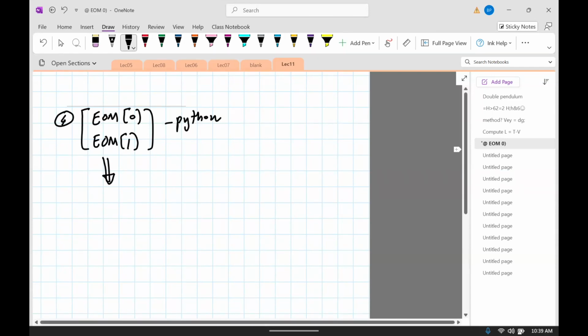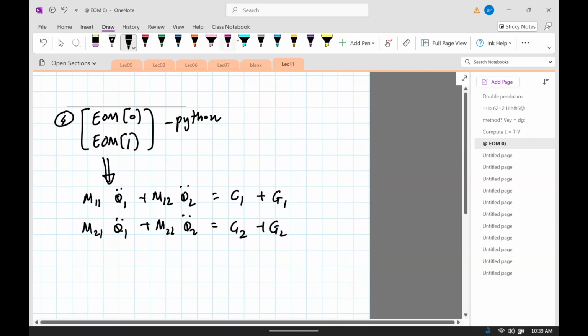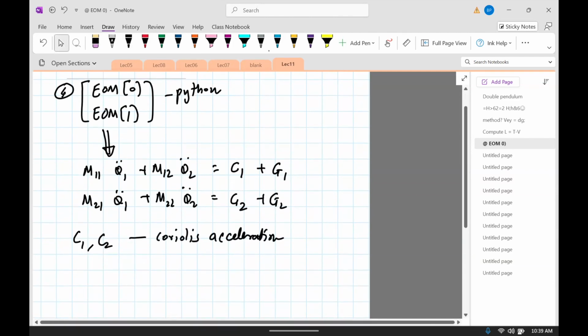They can be written like this: m11 theta1 double dot plus m12 theta2 double dot, m21 theta1 double dot plus m22 theta2 double dot equals C1 and G1, and I'll talk about what these are, C2 and G2. So C1, C2, if you have heard of Coriolis acceleration, will be Coriolis terms, something like theta1 dot square, some velocity term.